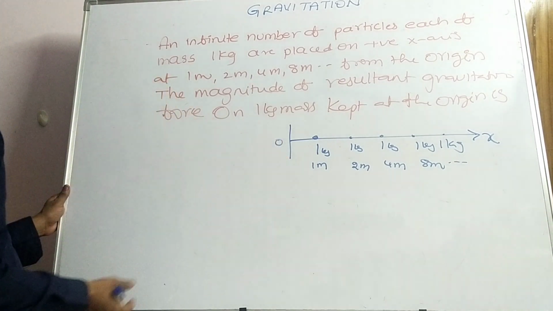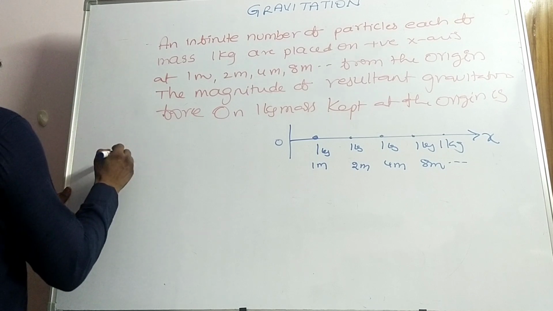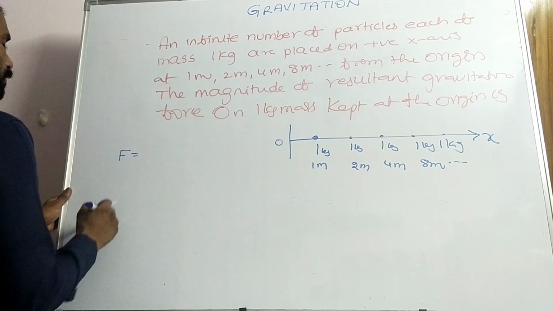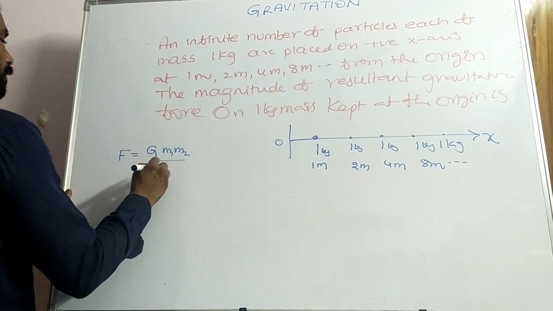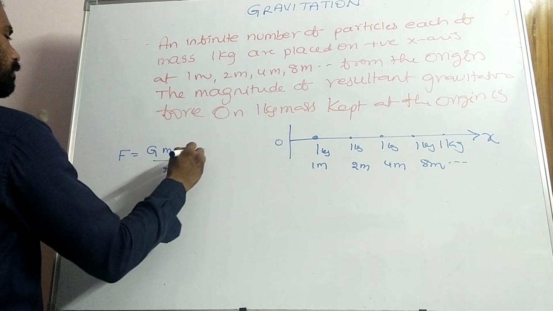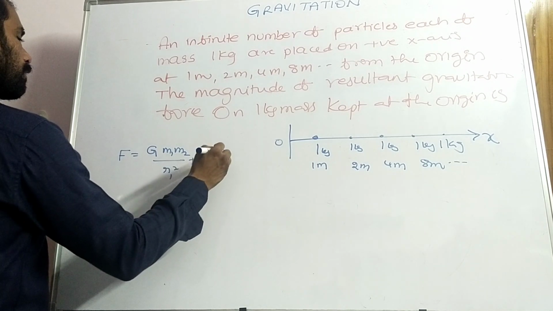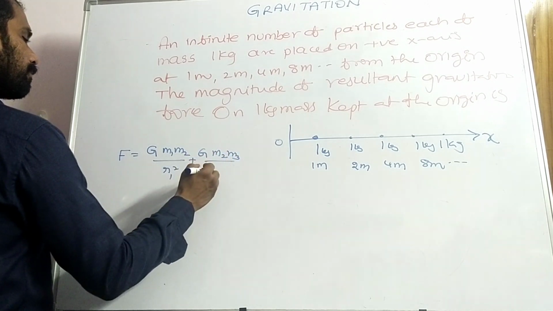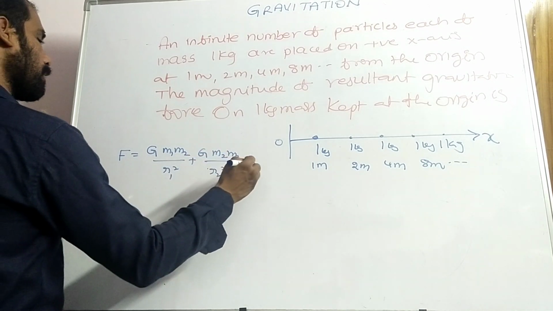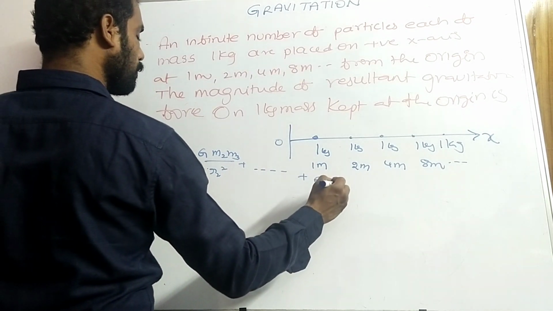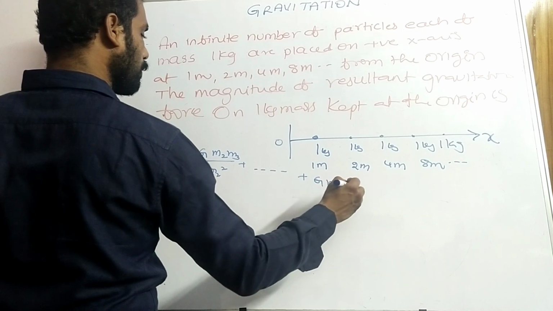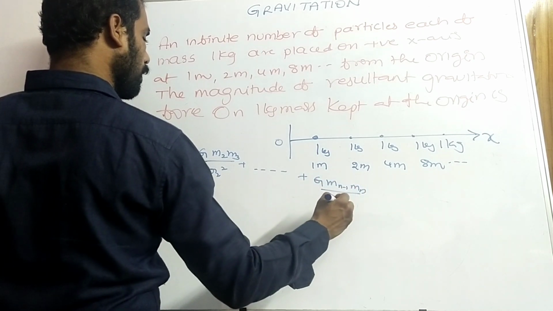Now it can be written that the force F, for a system of particles, is equal to G into m1 m2 by r1 square plus G m2 m3 by r2 square plus and so on, G m(n minus 1) into mn by rn square.